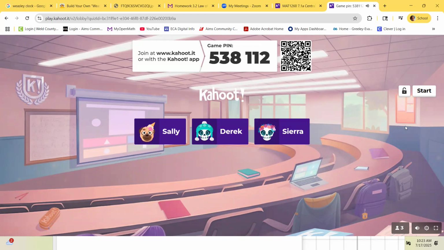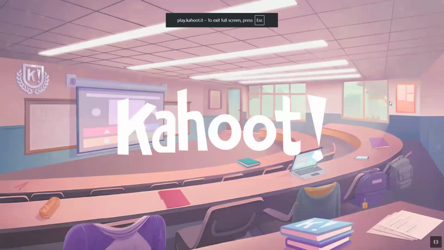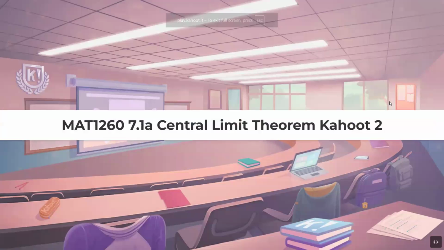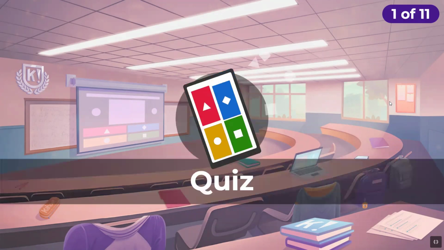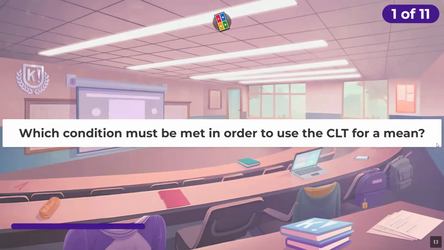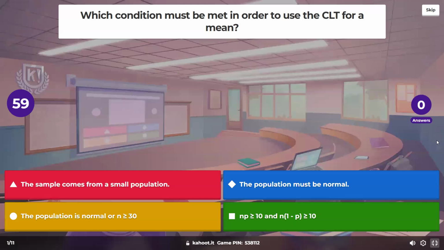All righty. So we're coming back here and we're taking a look again at this thing called the central limit theorem. Which condition has to be met here? The sample comes from a small population. The population is normal or n is greater than 30.